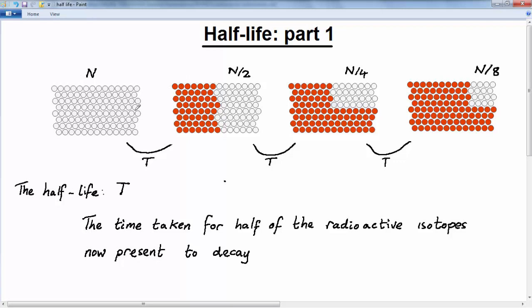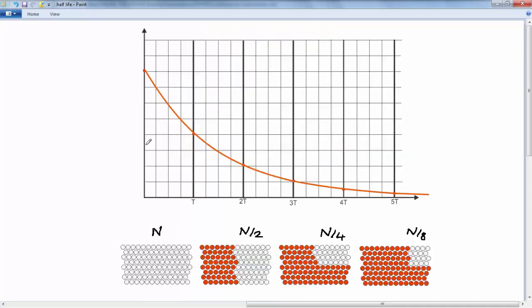Okay, so if we plot these results on a graph, we'll have time along this axis, and going up this axis we have the number of radioactive isotopes remaining. So we started off with N radioactive isotopes. After one half-life period, that number had dropped down to here.